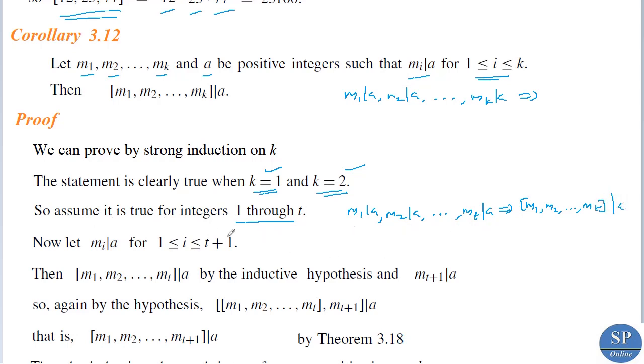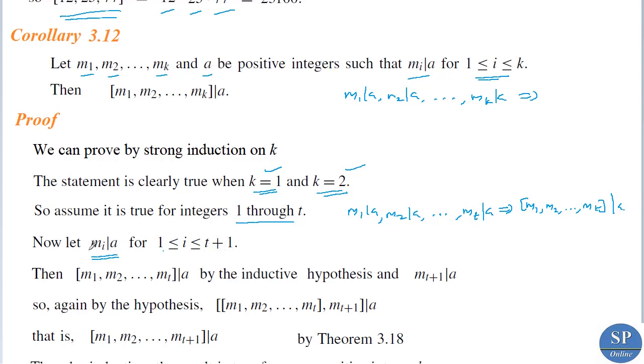Now we have to show that the result is true for k equal to t plus 1. That is, we have to show that m1 divides a, m2 divides a, etc., mt divides a, and mt plus 1 divides a implies the LCM of m1, m2, etc., mt plus 1 divides a. So let mi divide a for 1 to t plus 1.